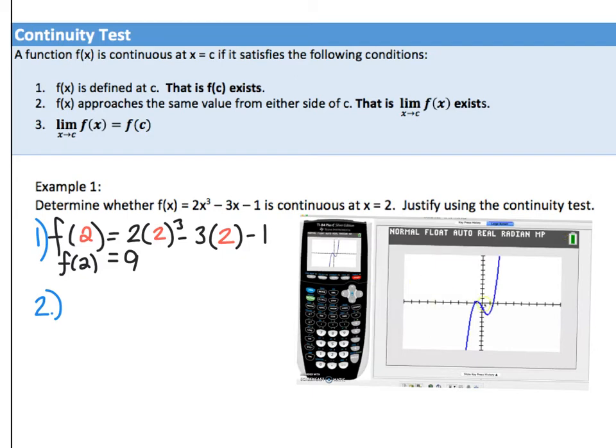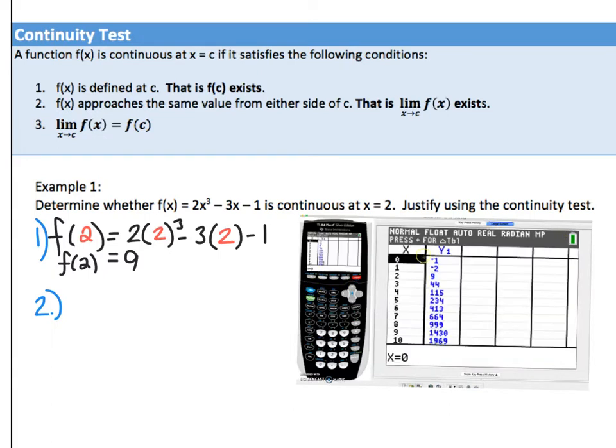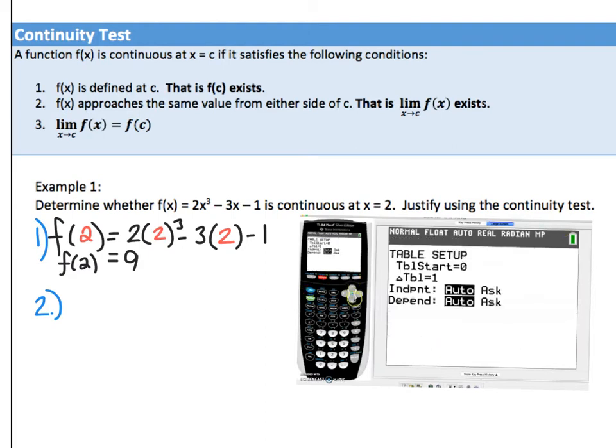And I want to check out the limit as x approaches 2. So it appears to be approaching the same value of 9. To really get a sense of it, I'm going to look at my table, second graph, and my table's counting by ones currently. So I want to go to something much smaller so I can see it approach. I'm going to start at 2, and I'm going to change this to see every thousandth.